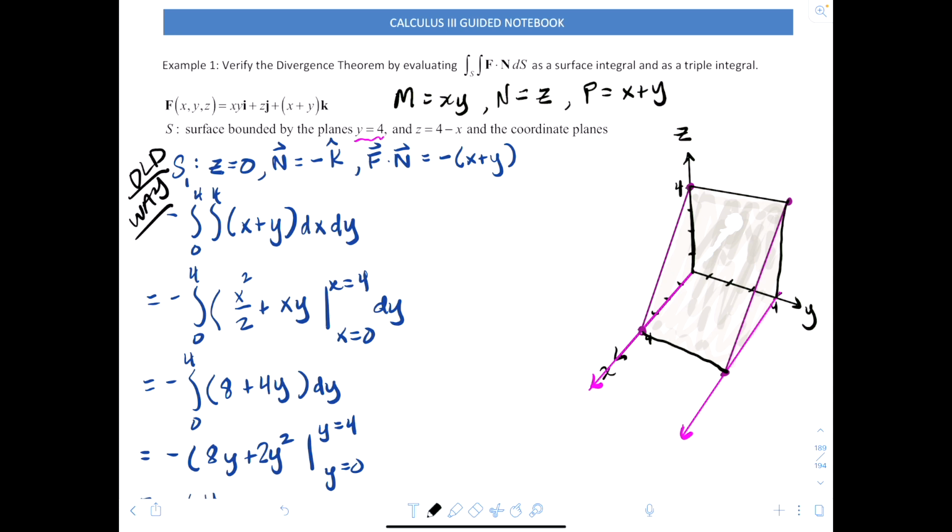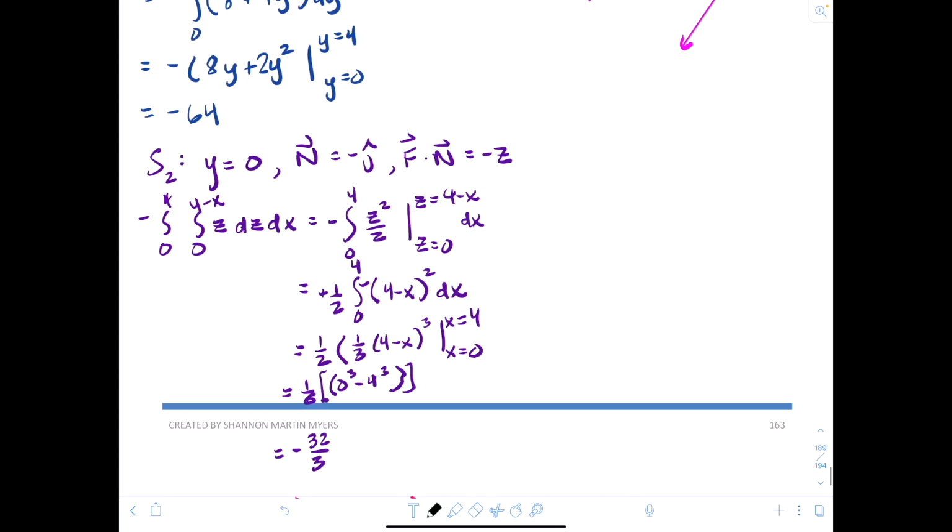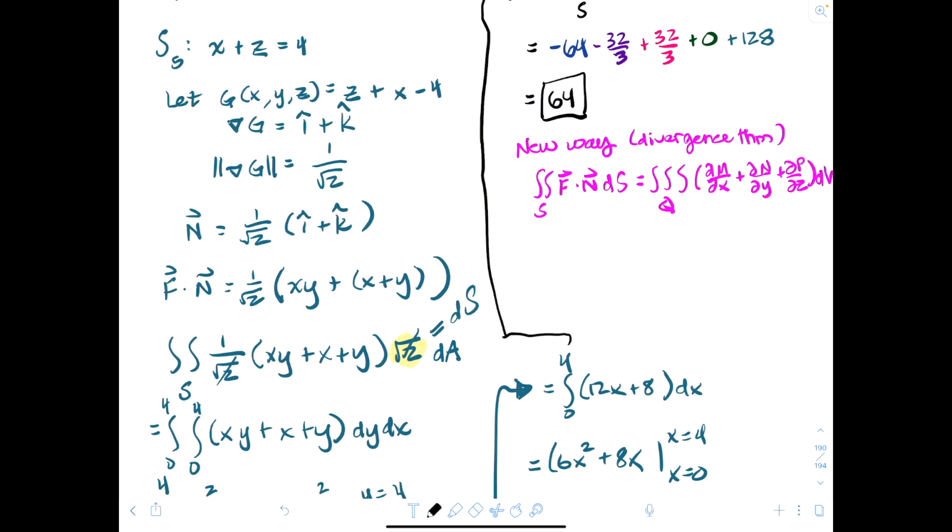So here, do you see that all we're going to be left with is the first partial of M with respect to x, because there's no y's in N and there's no z's in P. So if you need to, we can say the first partial of M with respect to x is equal to y, right? The first partial of N with respect to y is 0 because there's no y's in there. And the first partial of P with respect to z is also 0.